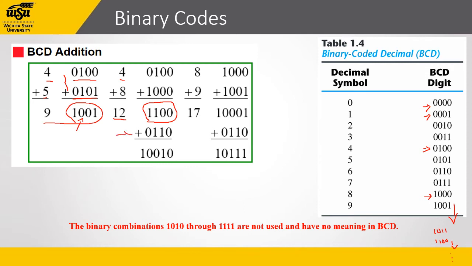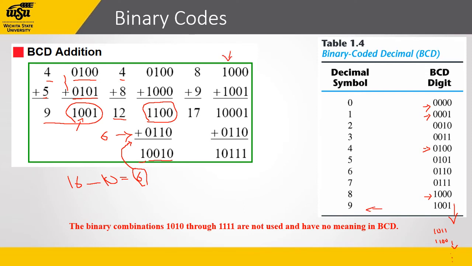So we have to convert it back to a valid BCD digit. To do that, we add 0110, which is equal to 6, and we get a valid BCD digit and a carry bit. The reason to add the 6 is that the most significant bit position of the binary sum and the decimal carry differ by 16 minus 10, which is equal to 6. This is the reason why we add 6 in case the result of our addition is more than 9.